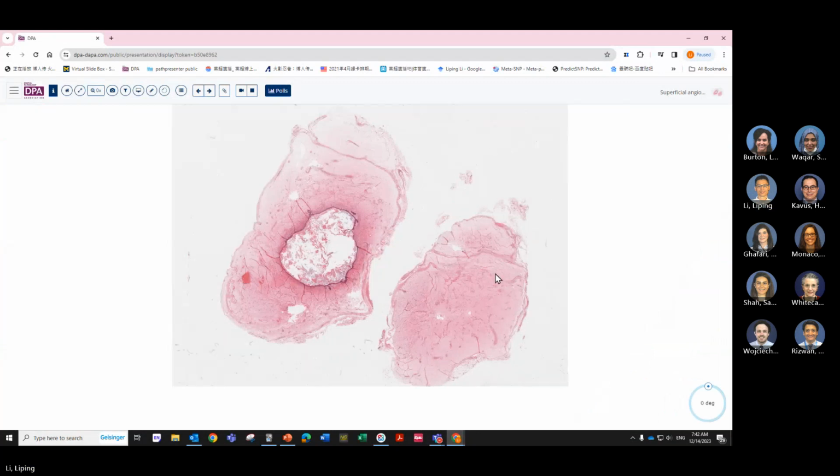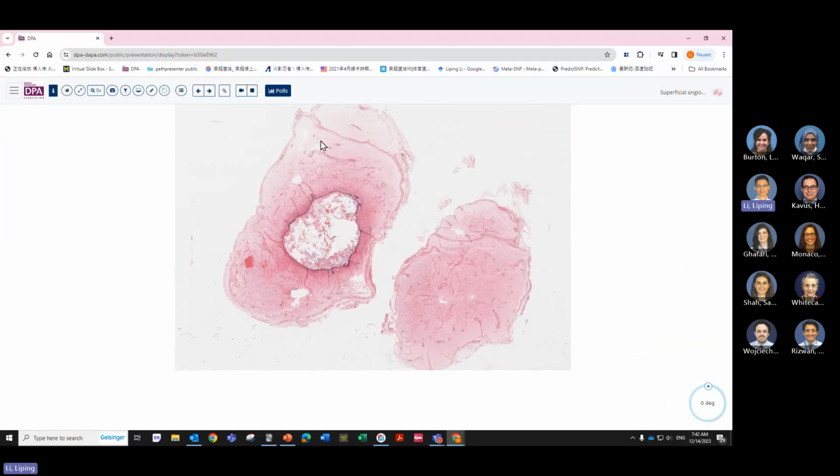Another one looks quite similar. Multinodular growth separated by this fibrous septae, hypocellular, and also not tons of blood vessel, and then entraps epithelial element, looks like a cyst.